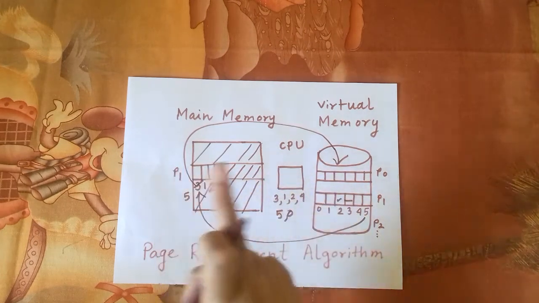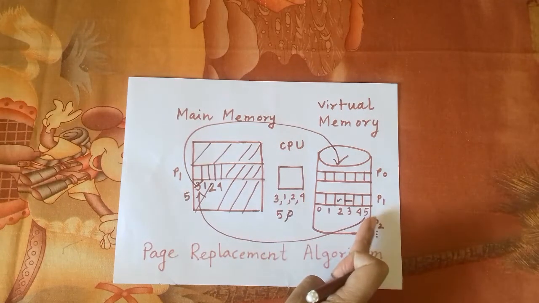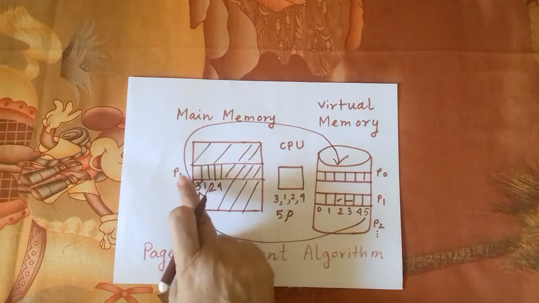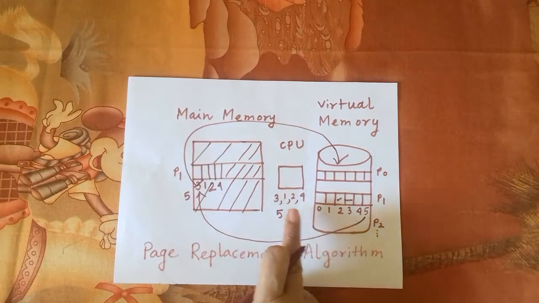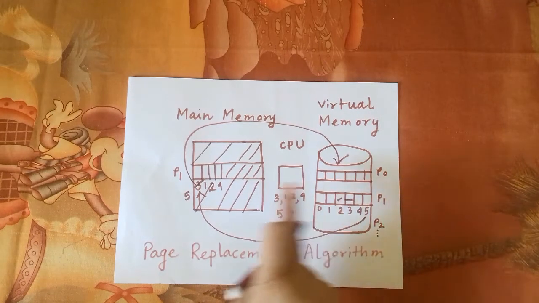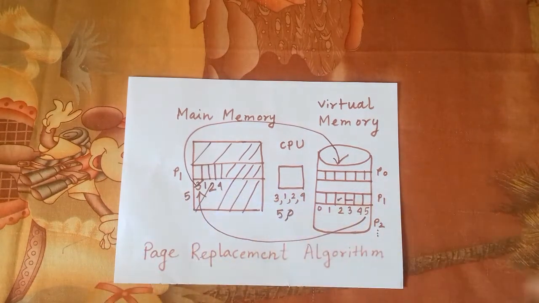So 1 page should be taken to virtual memory, and the page taken out gives the free space in memory. In that free space, the next page referenced by CPU should be brought from virtual memory to main memory. So that is the main concept behind page replacement.